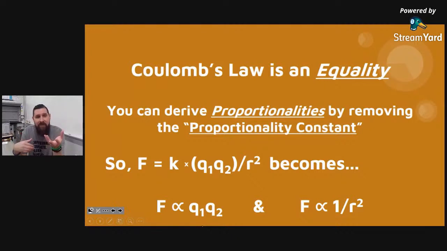So if force equals K times Q1, Q2 divided by R squared, and we remove that proportionality constant, we get two relationships. The first one is that force is proportional to Q1 times Q2. And the second proportionality is that force is proportional to 1 over R squared.